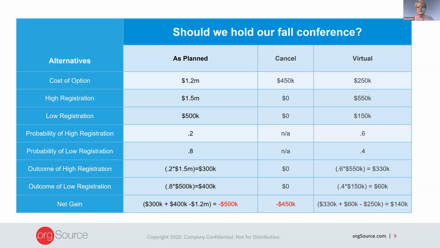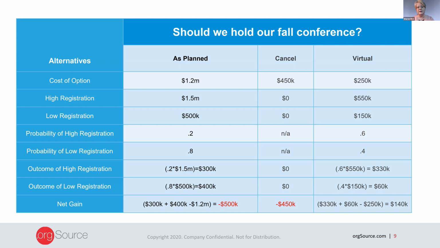We take the probability that we assigned, 0.8, I'm sorry, not 80%, and we multiply that by the 500,000 number, that's our projected low registration, and we come up with 400,000. Then to calculate the net gain, we take the 300,000 plus the 400,000, subtract our cost at 1.2 million, and we come up with a net loss, a negative number, of 500,000.